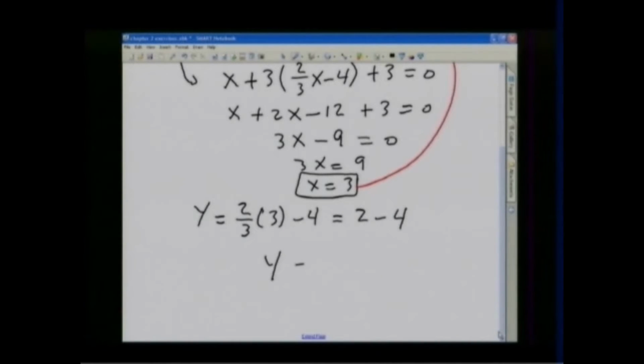Therefore, y is equal to minus 2. This is the x-coordinate. This is the y-coordinate. x equal to 3, y equal to minus 2. That's the intersection of those two lines.